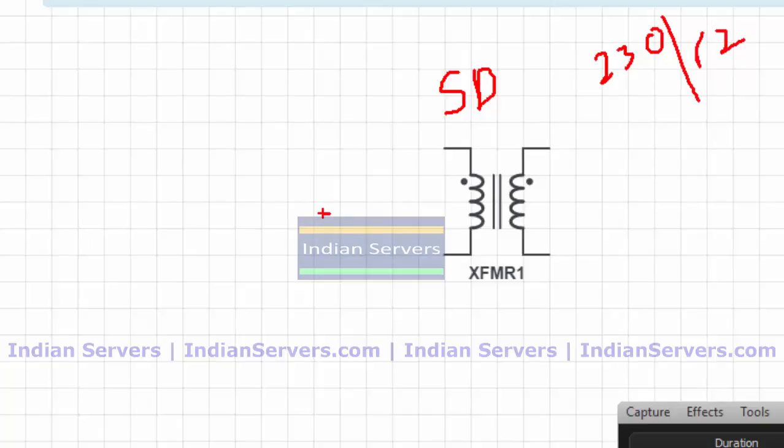So whenever we give 230 volts, those 230 volts are going to be converted to 12 volts in the step down transformer by keeping the power constant. So according to our application, we have to select a step up or step down transformer.